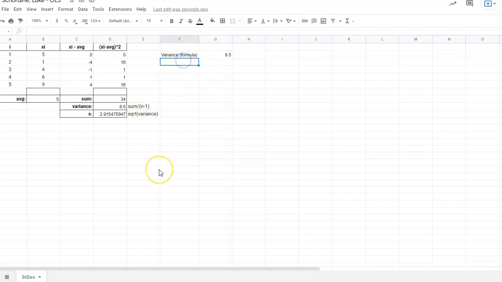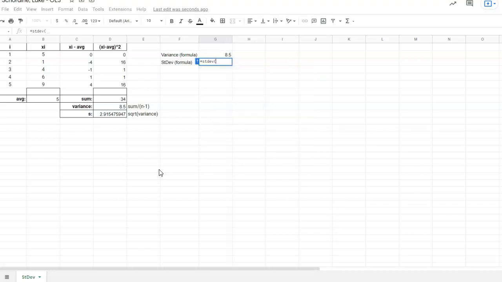I can also check the standard deviation by using the standard deviation formula. And of course, these are going to be in your spreadsheet as well. That's going to be equal to the formula in Google Sheets, which is StDev, open parentheses.